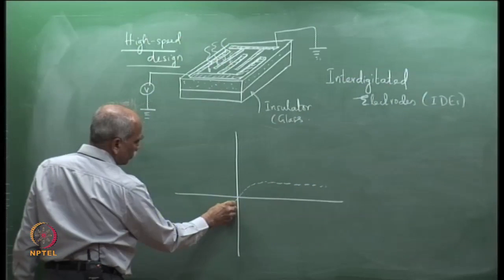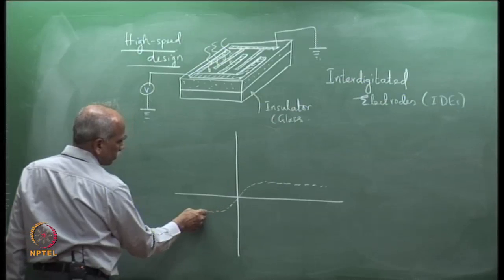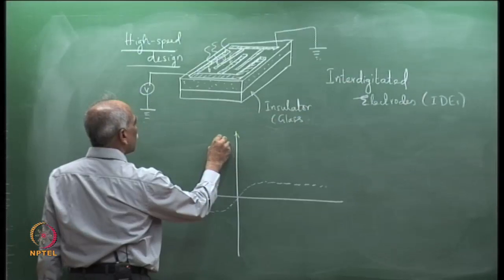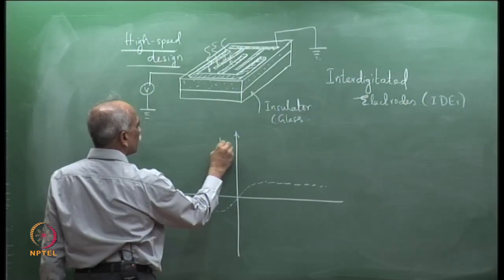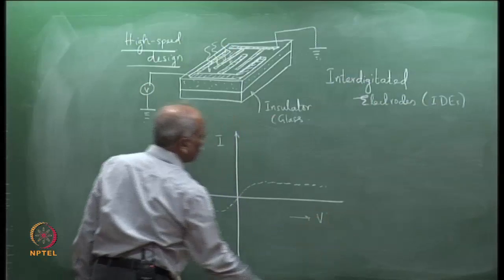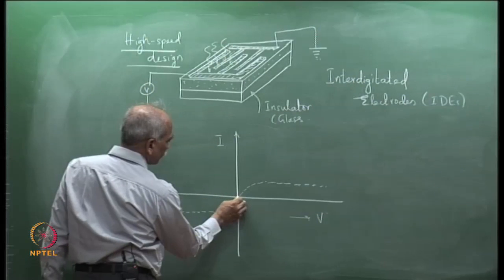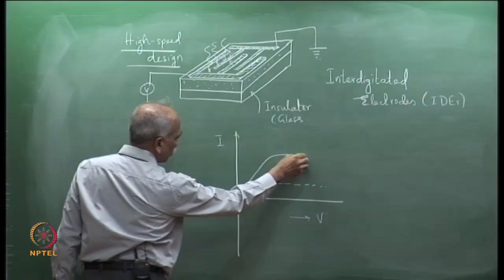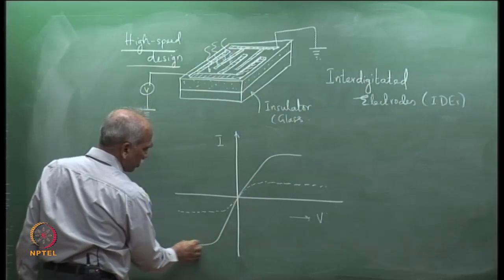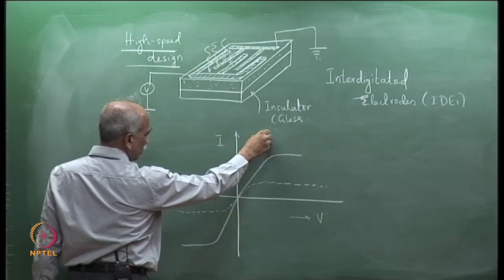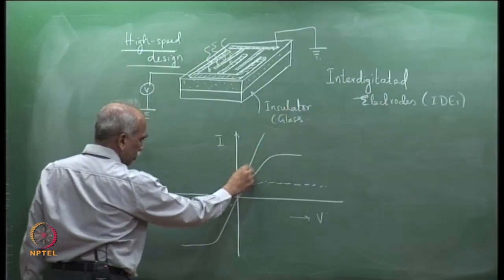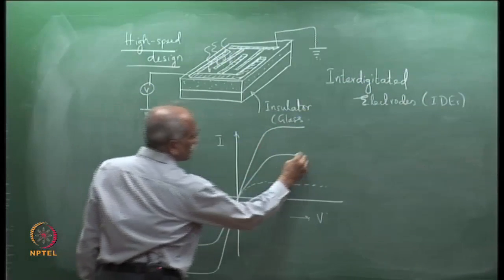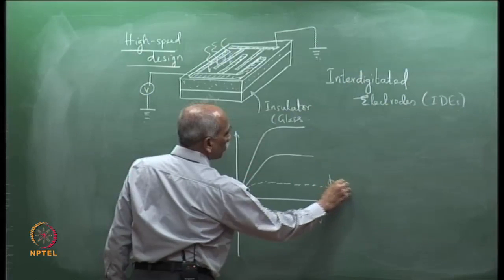So, this is what I have shown by dashed line. Okay, let me draw it completely. So, what I am plotting is the photocurrent I_P versus the applied voltage V. So, this is with phi equal to 0.